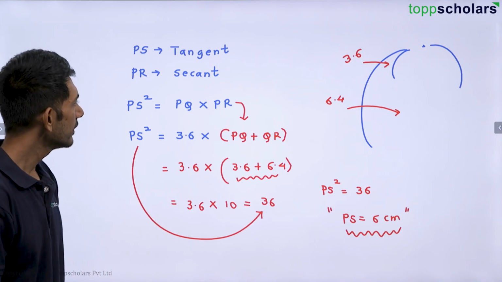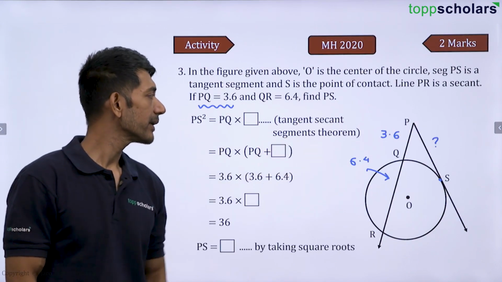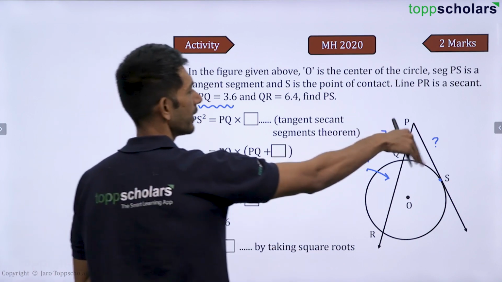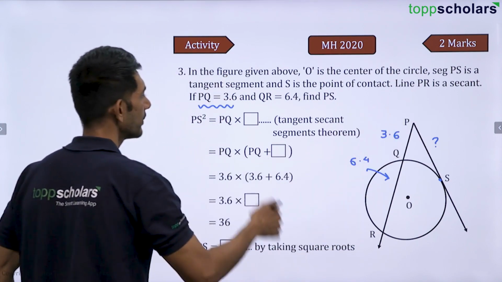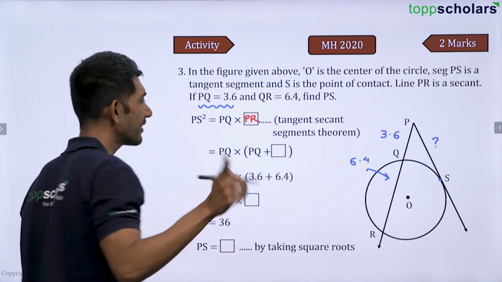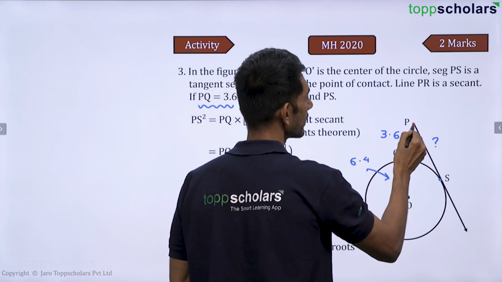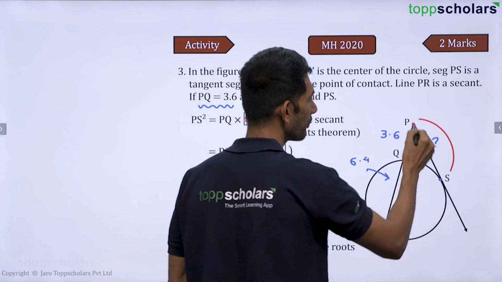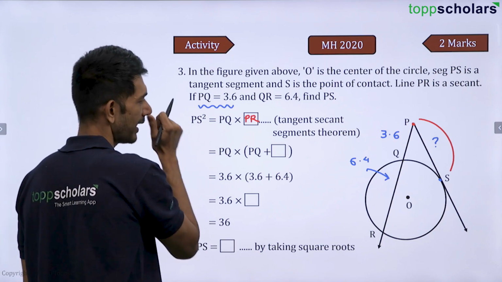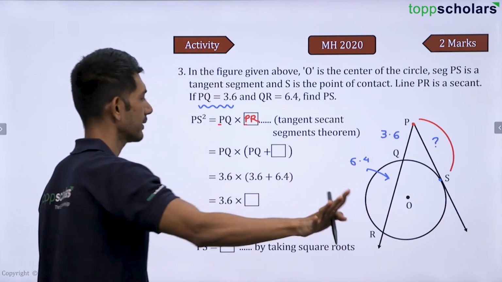I hope this is clear. So if you want to fill up this activity, according to the tangent secant segment theorem, PS square is PQ into PR. See, there is a trick to remember this. You start from the point which is in the exterior, move towards the tangent, so PS, square it, and then again start from P only, PQ, PR, correct?